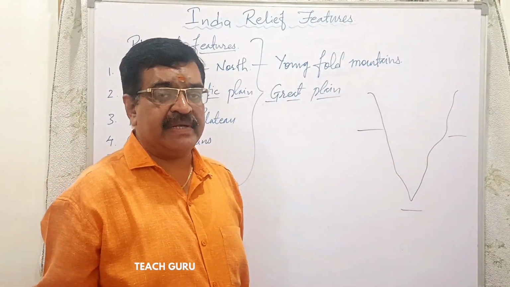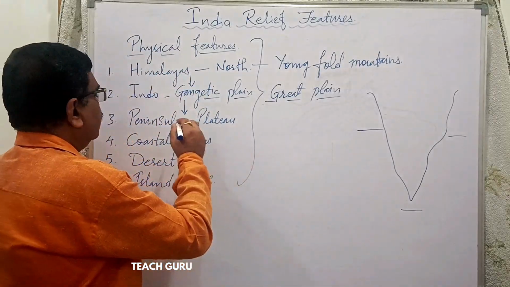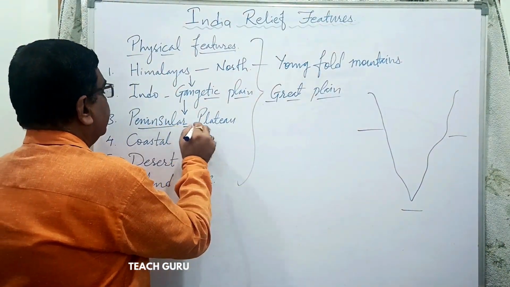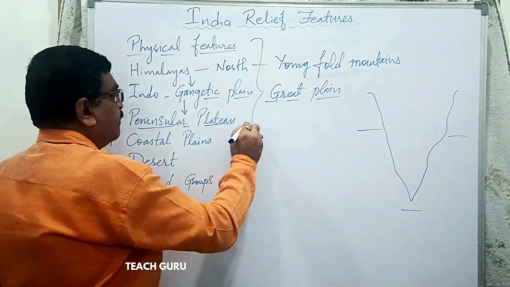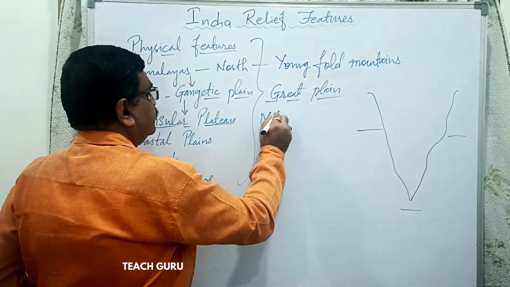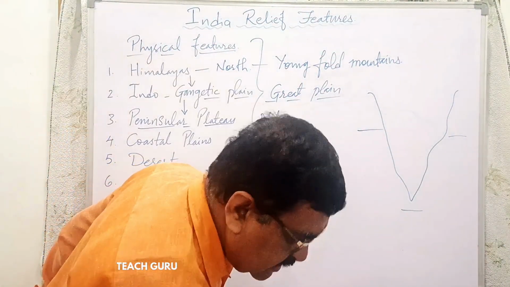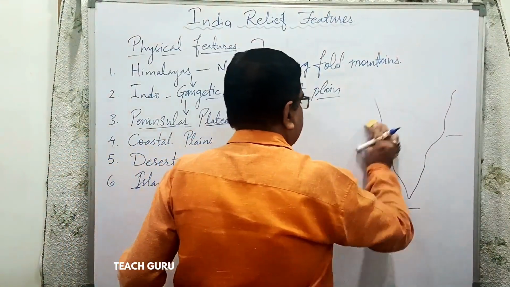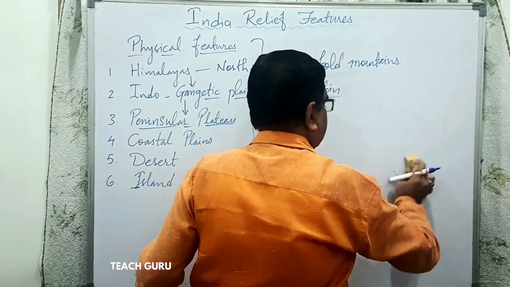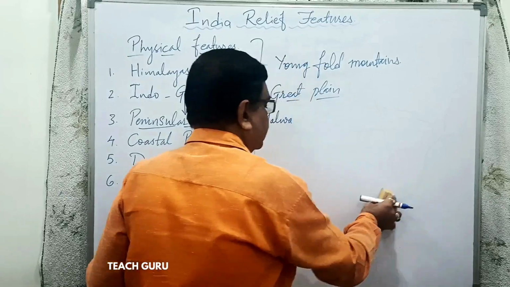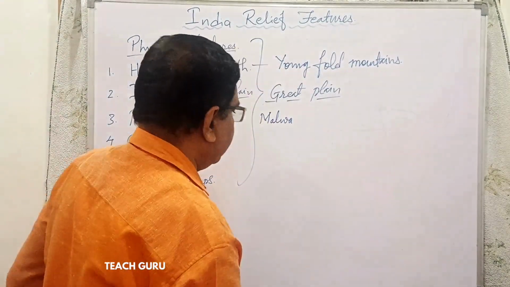That is called a peninsula. When we come to the Peninsular plateau area, we can find first the Malwa plateau. And second, we can find the South Peninsular plateau.